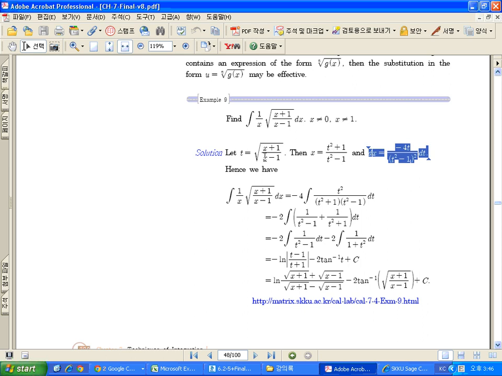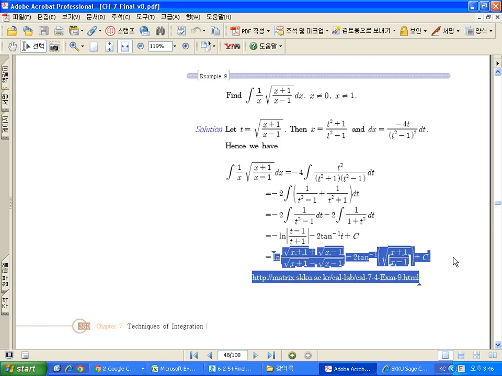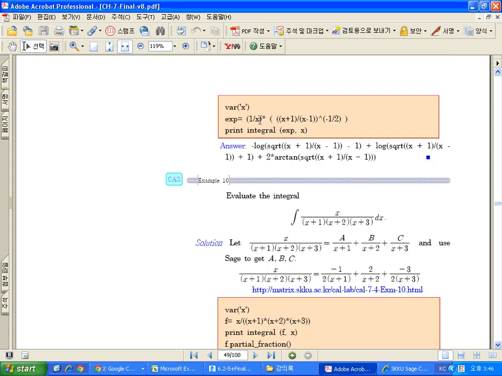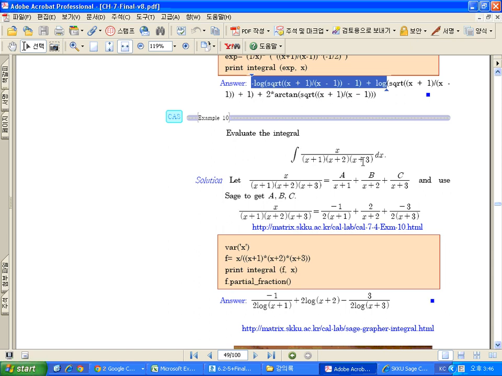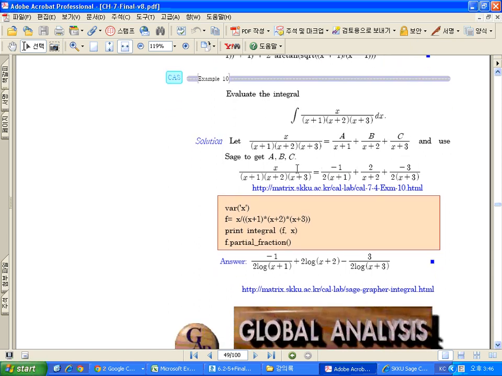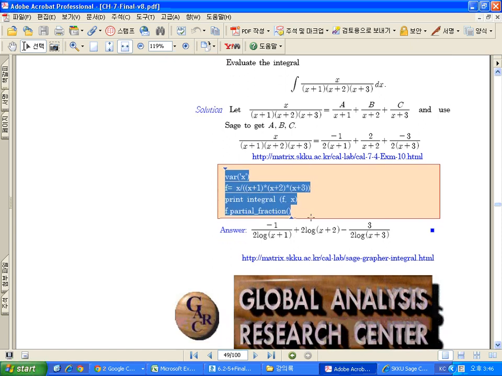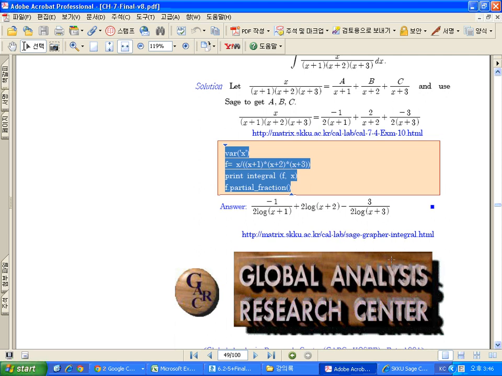If you resubstitute, then this can be written as a function of t like this, for which the partial fraction technique and simple integration formulas can be used to get the answer like this. But with the same command that you have learned, the answers can be obtained as well. You can evaluate the integral of this partial fraction, or solve it with the Sage command like this. Okay.